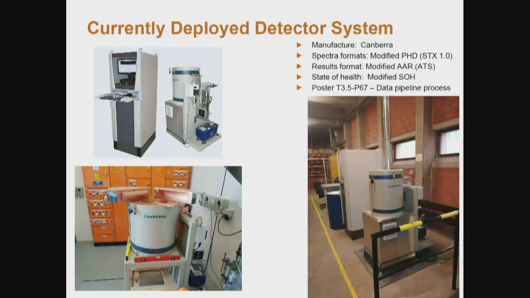We're calling it an ATS file, a different name, so it's not mixed up with the standard IMS formats. ATS is automated time series, so that's where the data that was analyzed is being stored. And then we also have state of health parameters coming out, again based on the IMS state of health formats, but slightly modified for our purposes.